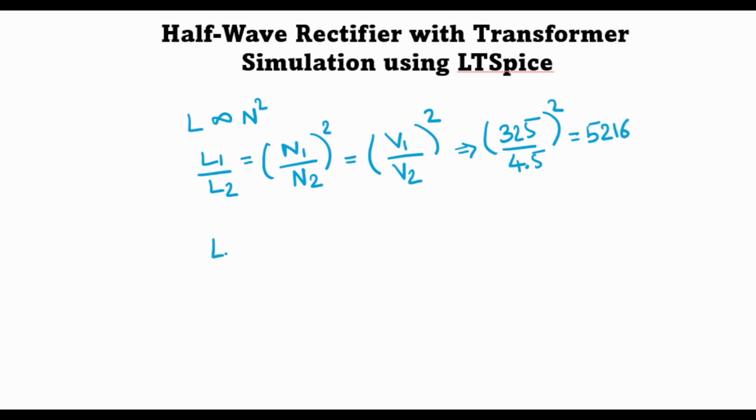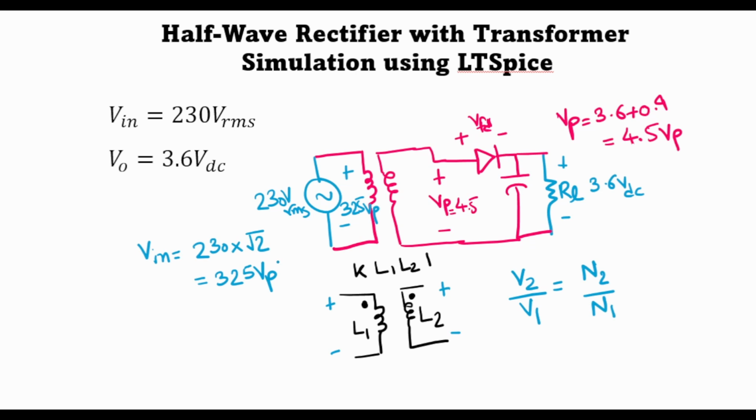So if I choose the secondary inductance L2 as 1 millihenry, then the primary inductance I need is equal to 5216 millihenry in order to step down the input voltage from 325 volts peak to a secondary voltage of 4.5 volts peak. So let's go to LTSpice and simulate this circuit.